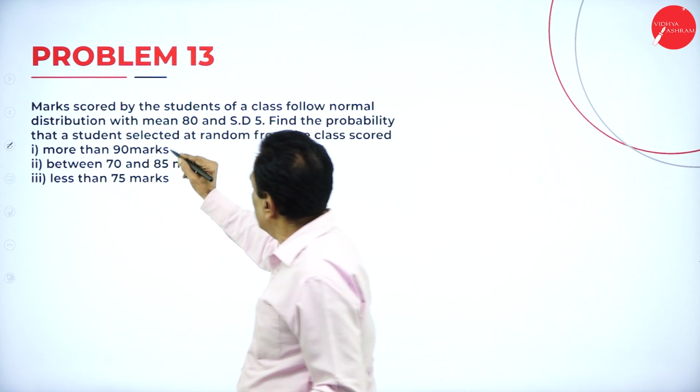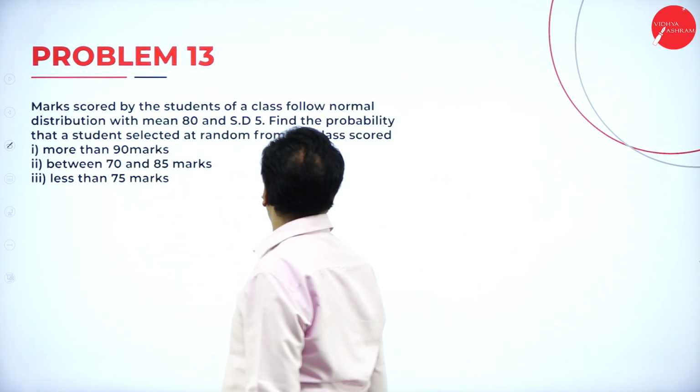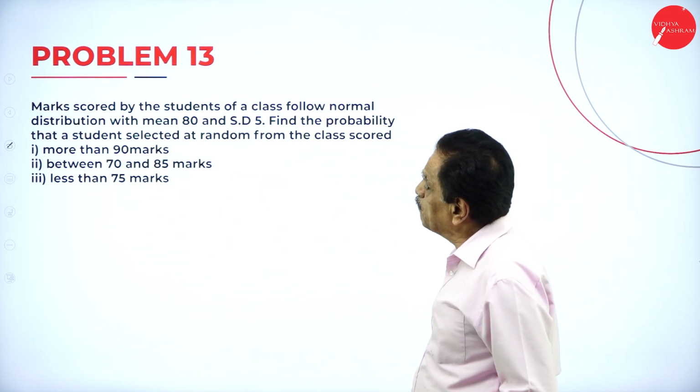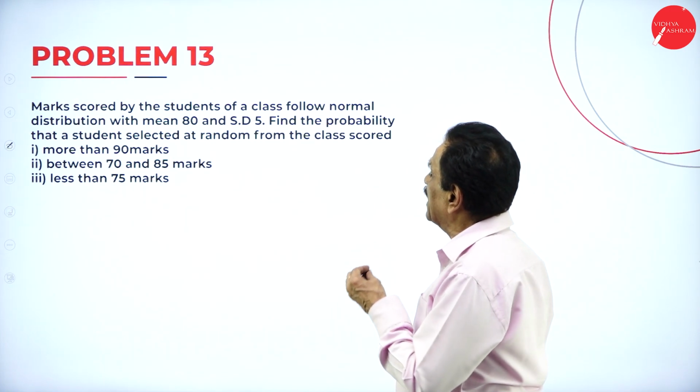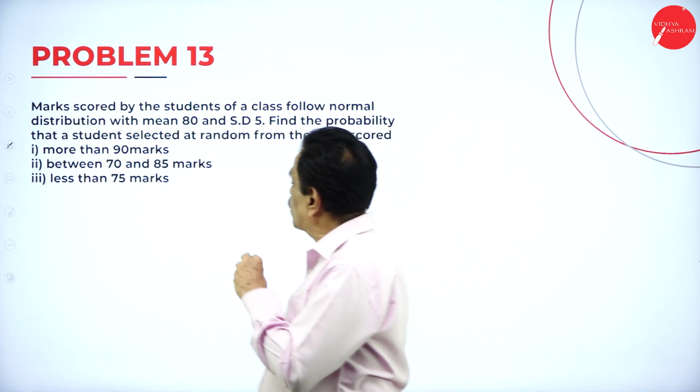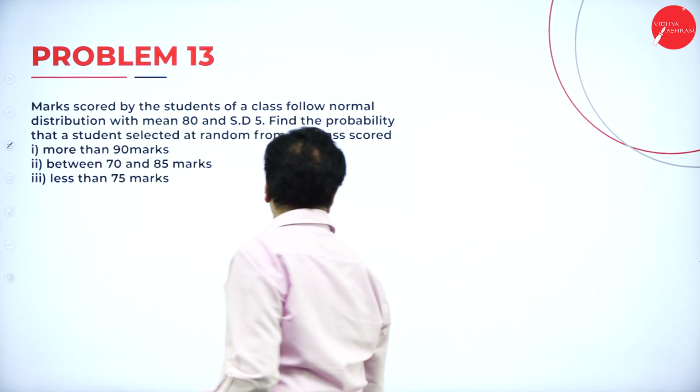Marks scored by the students of a class follow normal distribution with mean 80 and standard deviation 5. Find the probability that a student selected at random from the class is it.